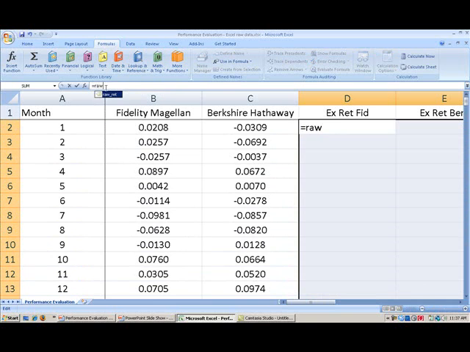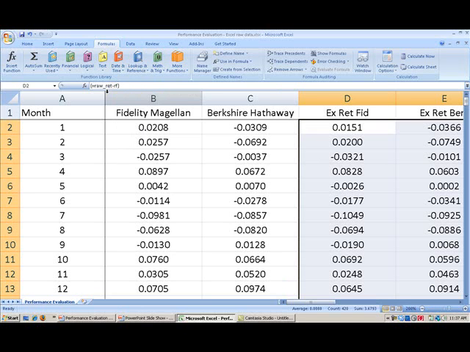It's going to be the raw returns, so raw_ret, minus the risk-free returns, which is RF. And then we press Control, Shift, and Enter. And the excess returns for both Fidelity and Berkshire Hathaway will have been calculated.